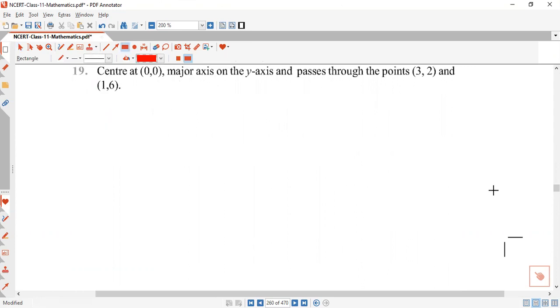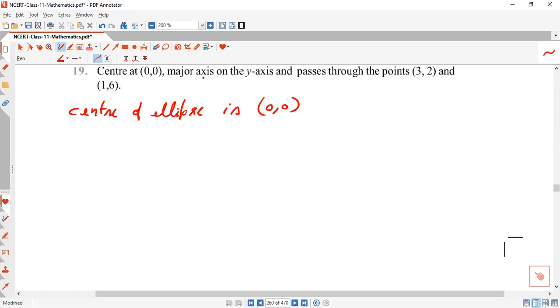These conditions are given. The center of the ellipse is 0, 0. Okay, fine. Major axis on the y-axis.